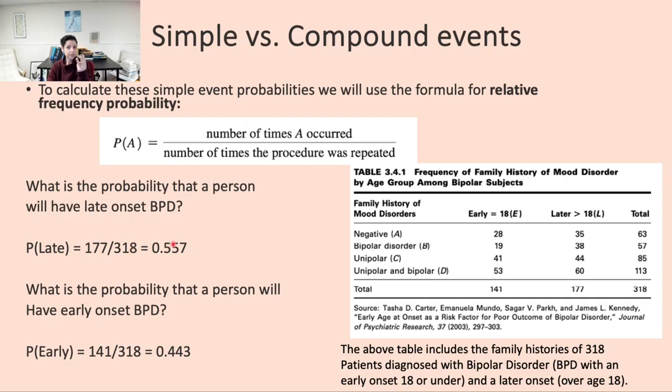Remember, we round off to 3 significant digits. What is the probability that a person will have early onset BPD? So probability of early onset is equal to 141, there's 141 early onset folks, divided by a total of 318, which gives us 0.443. Okay? So that's how we calculate simple event probabilities.